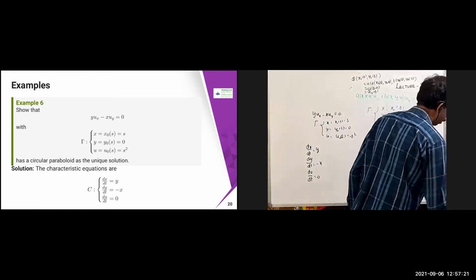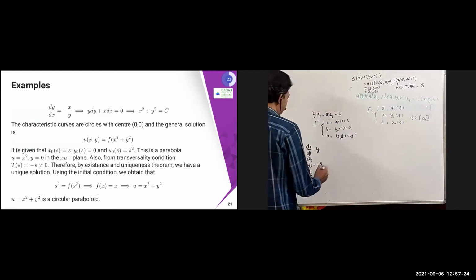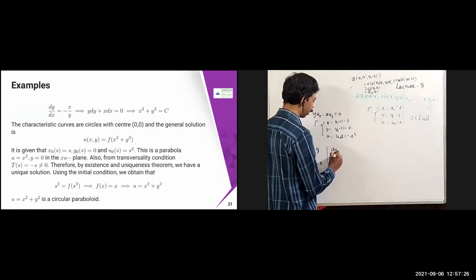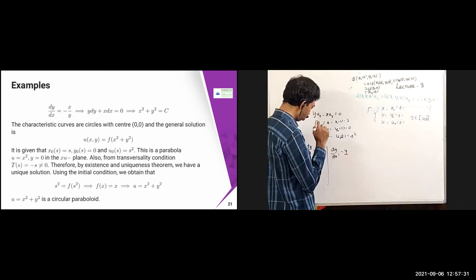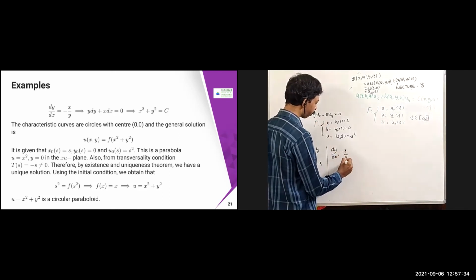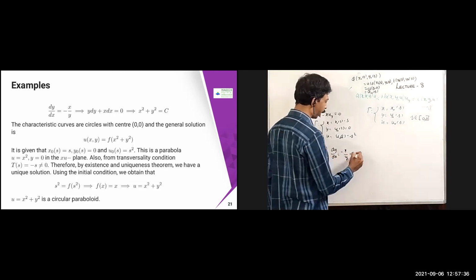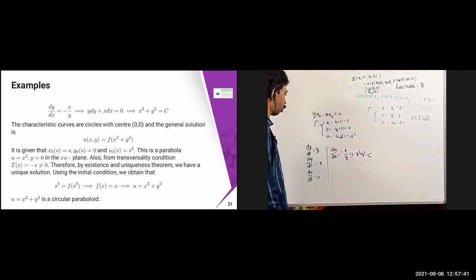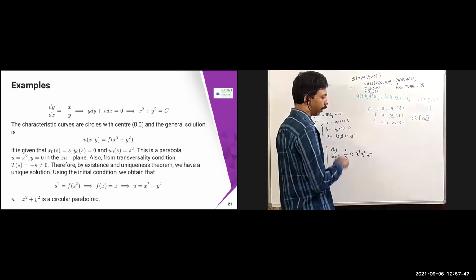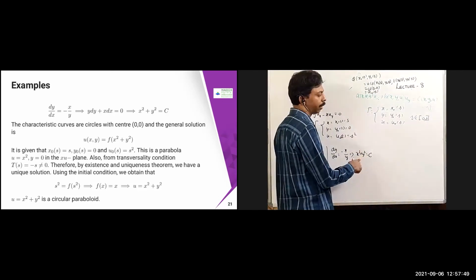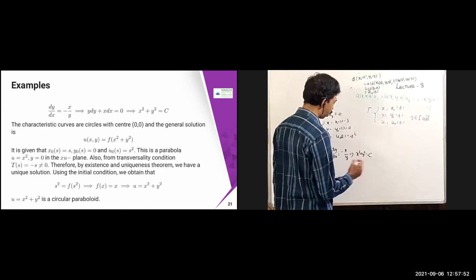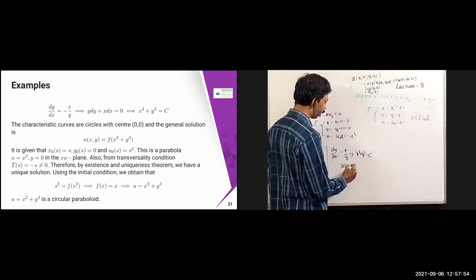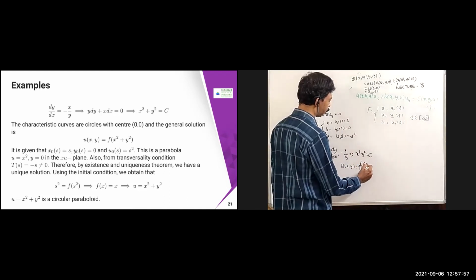If you solve dx by dt and dy by dt, from this you can get dy by dx equal to minus x by y, which implies x square plus y square equal to c square, some constant. Therefore, your characteristic curves are circles with center 0, 0, and the general solution is going to become u of x, y equal to f of x square plus y square.